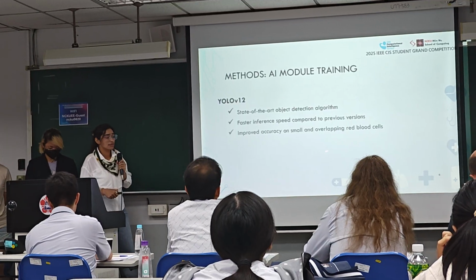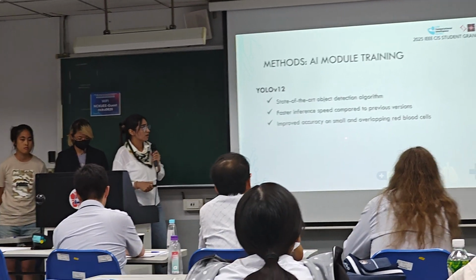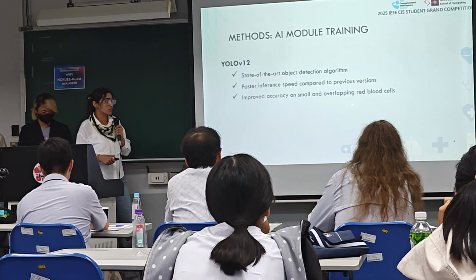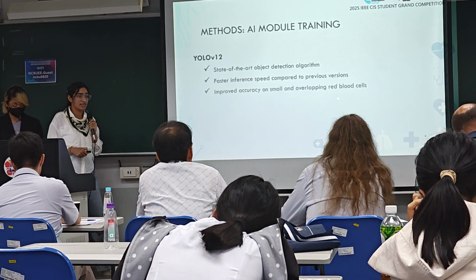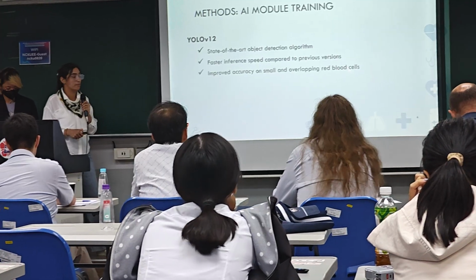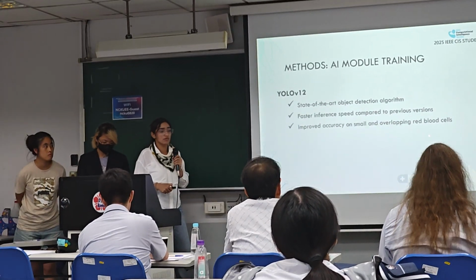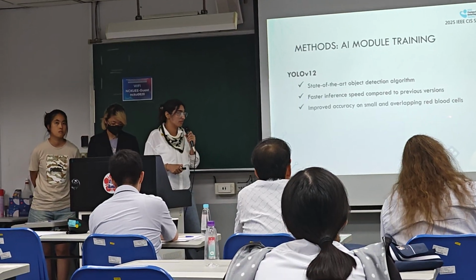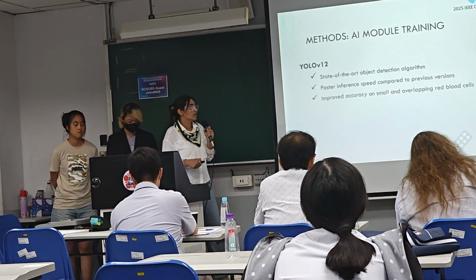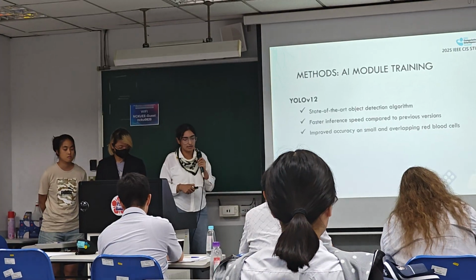Here is the main reason why we thought about this project: in blood cell diseases, there are a lot of types of red blood cells. In the abnormality, there are many different types and shapes of red blood cells. So the main focus is to differentiate between the normal and the abnormal in real time and very quickly. So it even gives us results for small and overlapping red blood cells instead of single cells only.